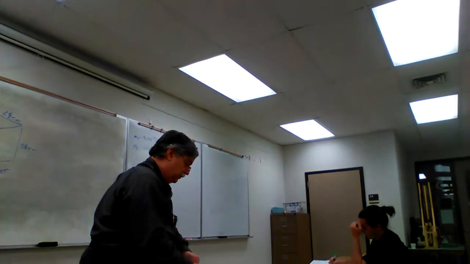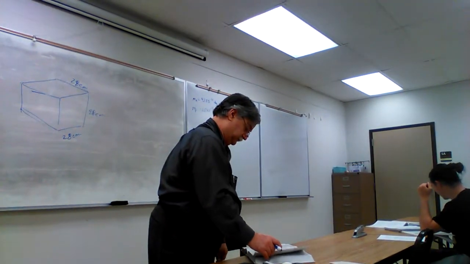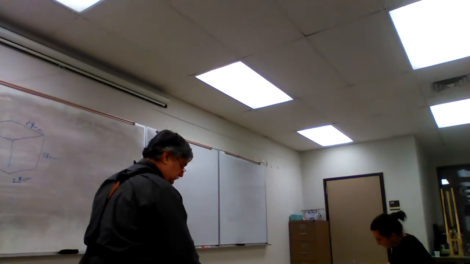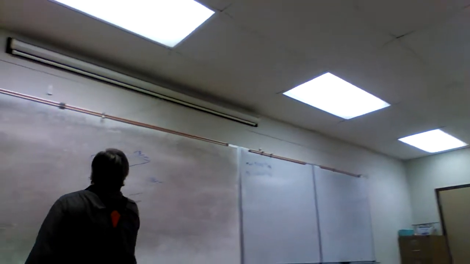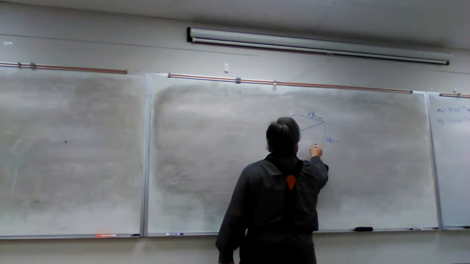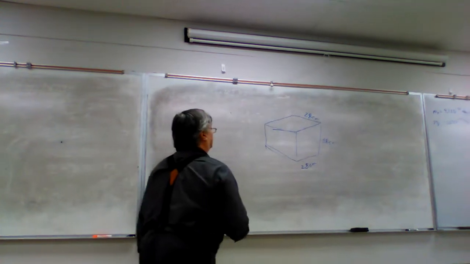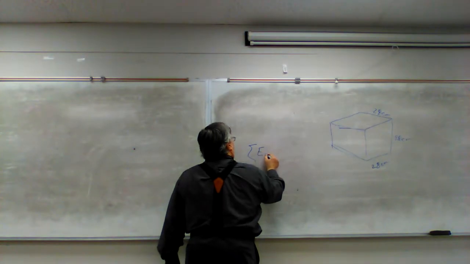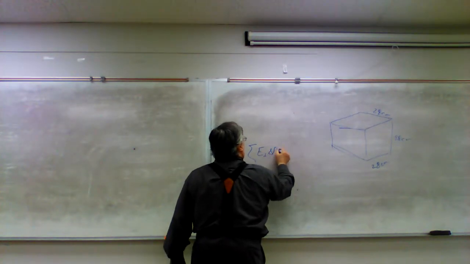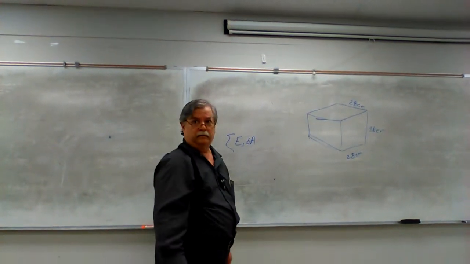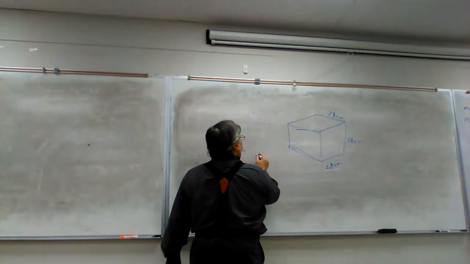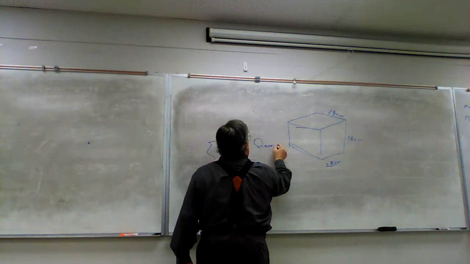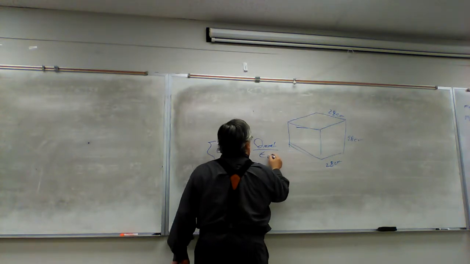Now, what does Gauss's law tell us? If we add up 1, 2, 3, 4, 5, 6 sides of 28 square centimeters, if we sum over all of those, that's going to equal what? Q enclosed divided by epsilon sub naught.